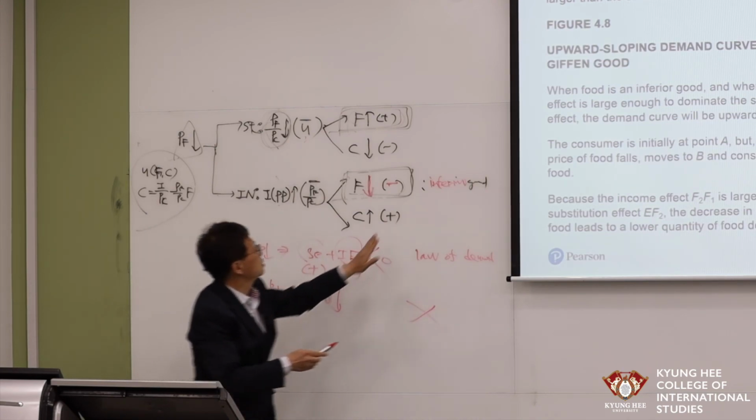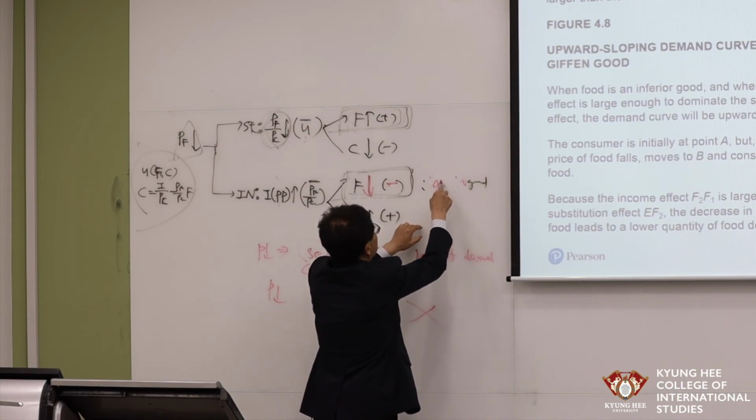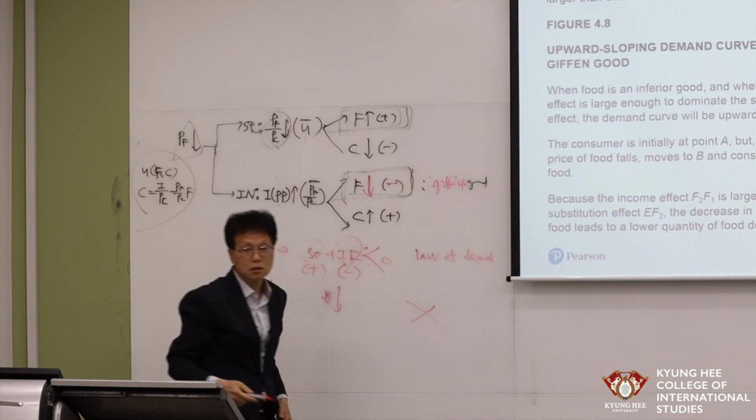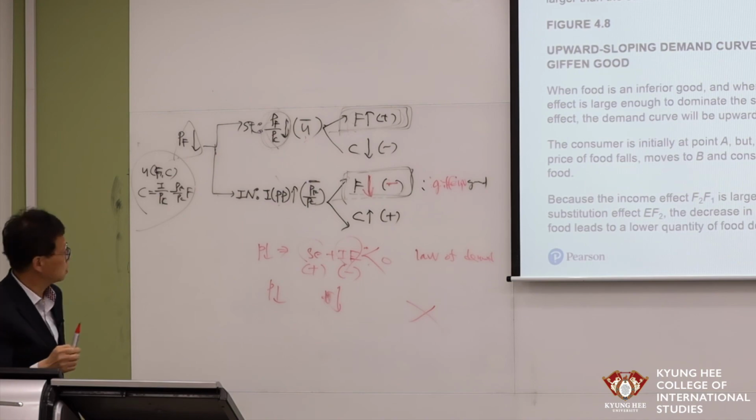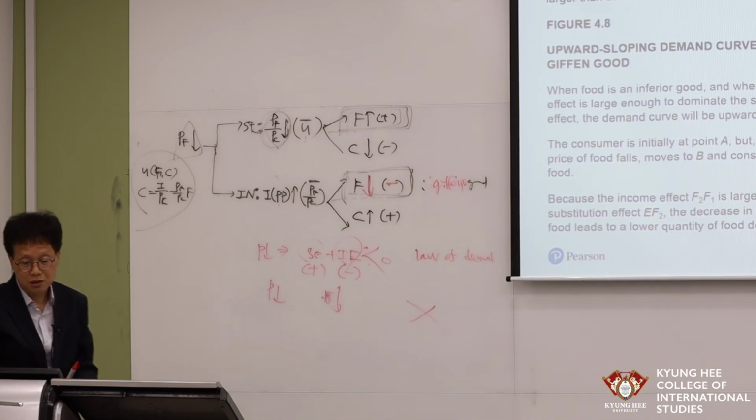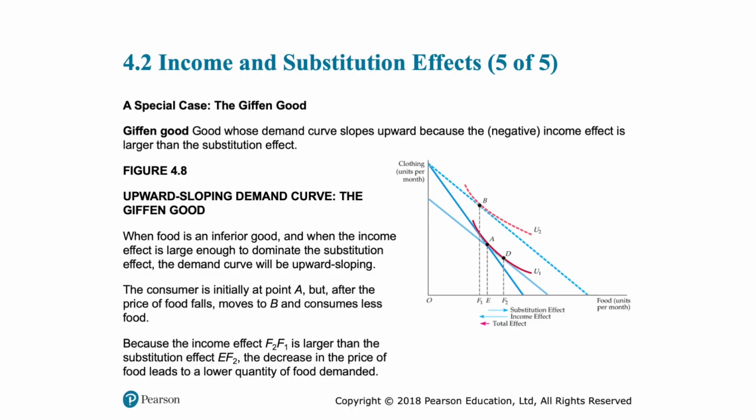That is what we call a Giffen good. Okay? So that is the Giffen good case. A really exceptional case, a really special case. A Giffen good is a good whose demand curve slopes upward. In other words, there is a positive relationship between price and consumption, right?